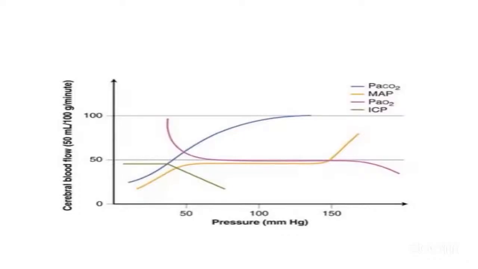If there is lower blood pressure, or if we are giving any phenyl, we get the cerebral vascular resistance by MAP upon blood flow. So if there is a low blood flow and a lower MAP, we can see the ratio for the cerebrovascular resistance.